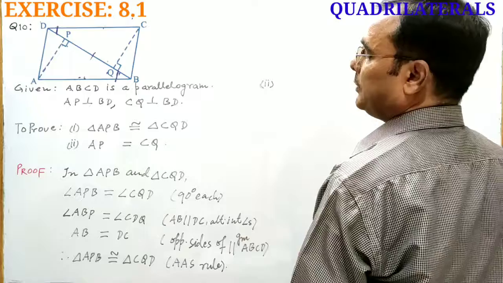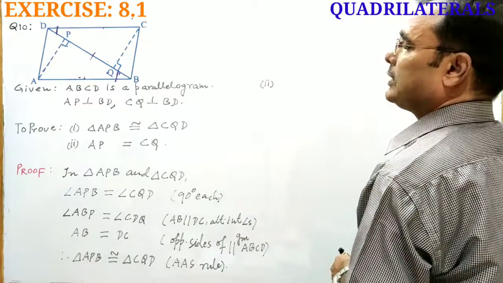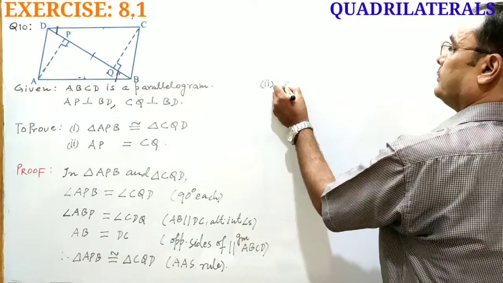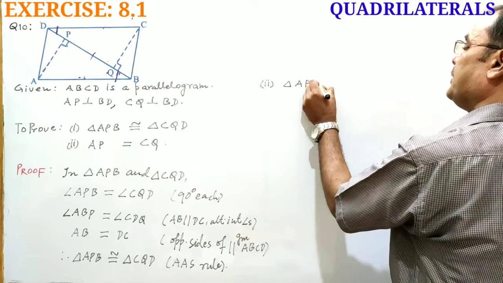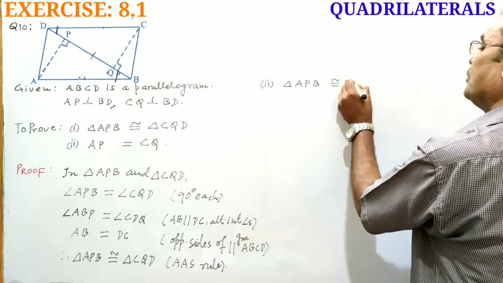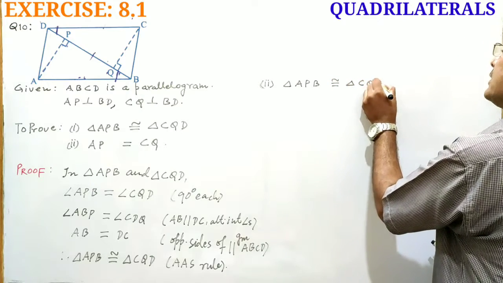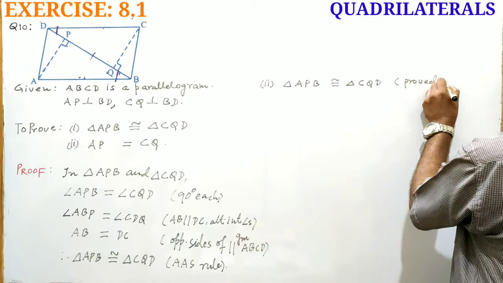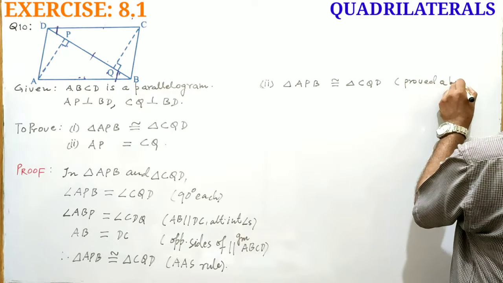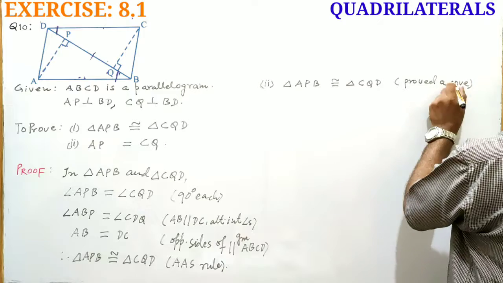Now second part, we have to prove AP equal to CQ. Triangle APB is congruent to triangle CQD, proved in first part. So we can write proved above.